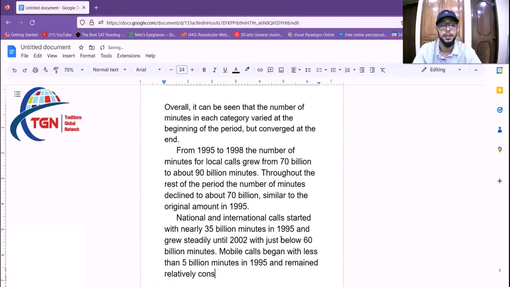Relatively constant until 1998 at nearly, or let's just say at about 10 billion.